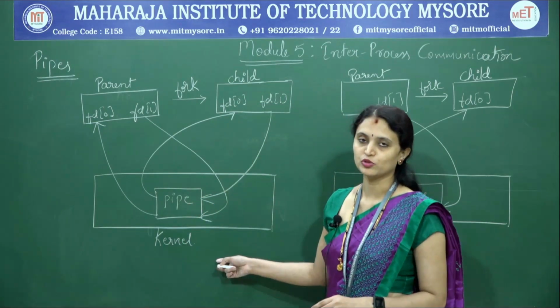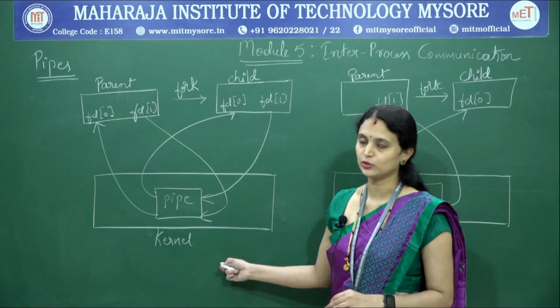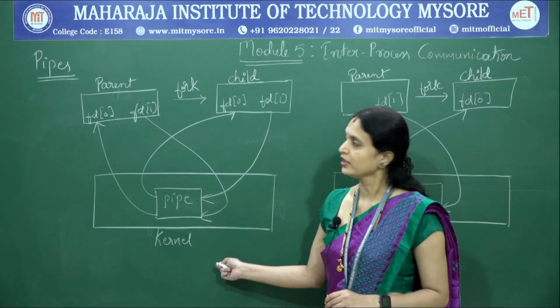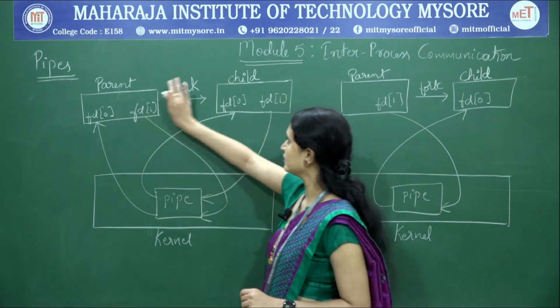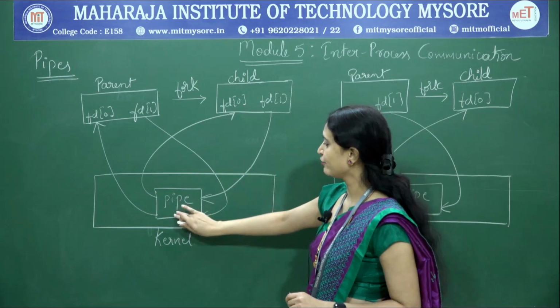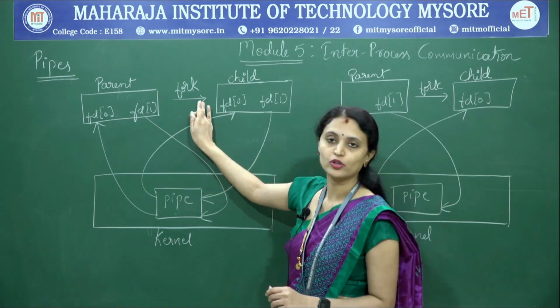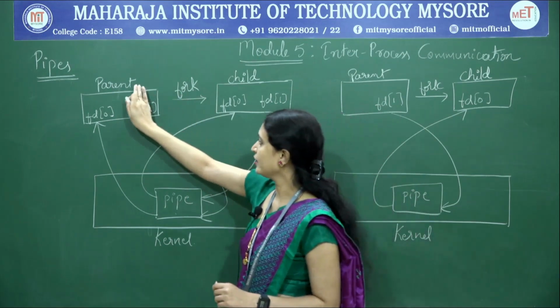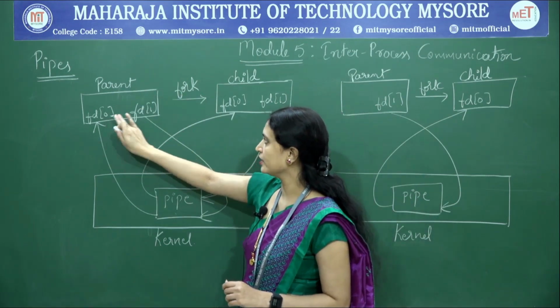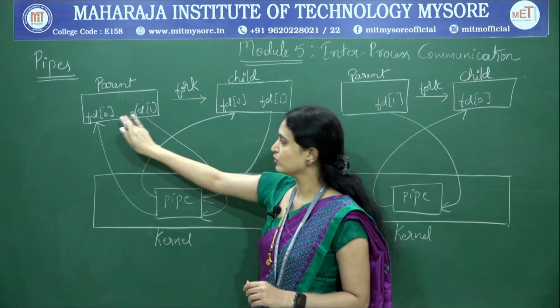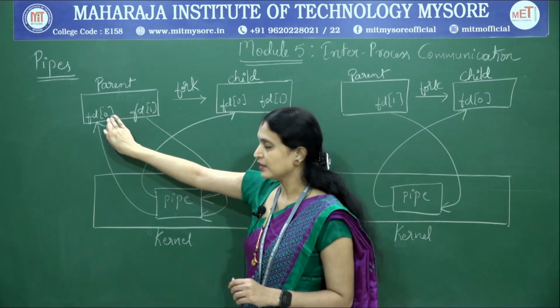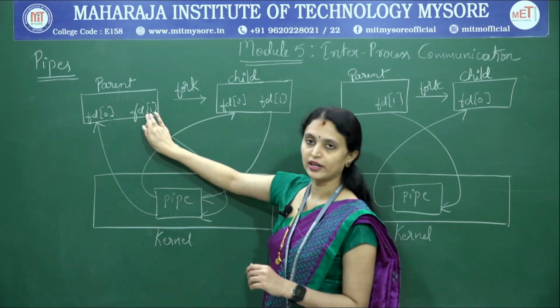So this diagram shows the parent-child relationship by using the half duplex pipe. Okay. So this is the parent process and this is the child process. So once after the creation of the pipe, the parent will create the child process using the fork system call. So here the parent process has the file descriptor of 0 and then file descriptor of 1. Okay. So this is used for reading and this is used for writing.